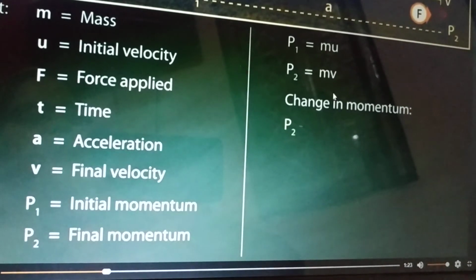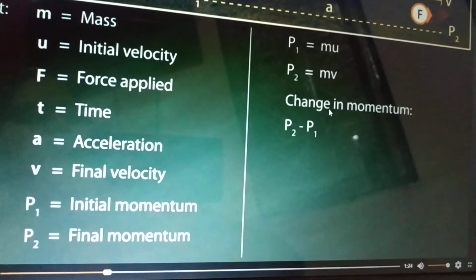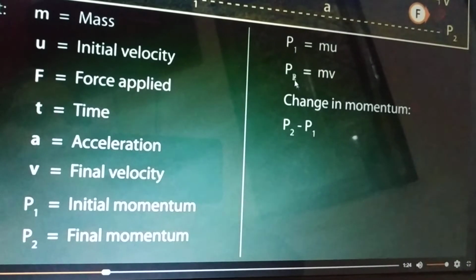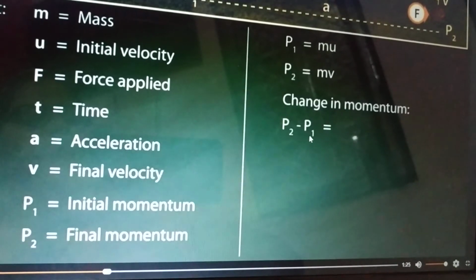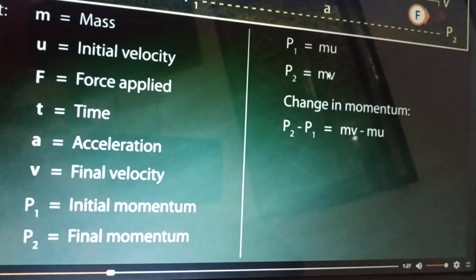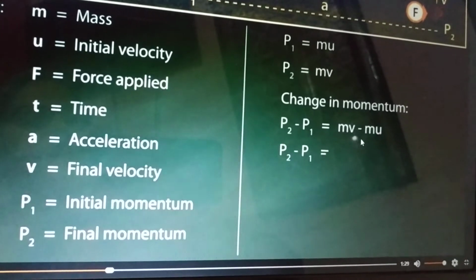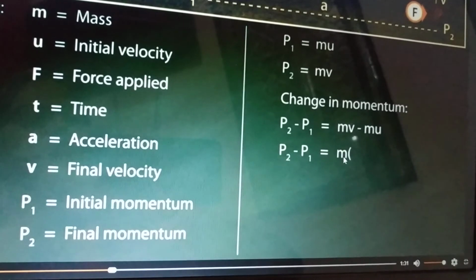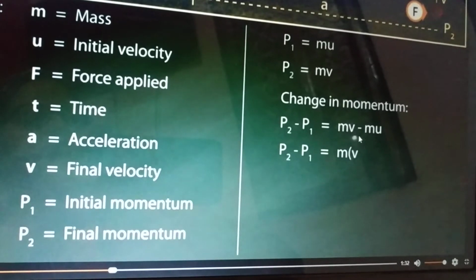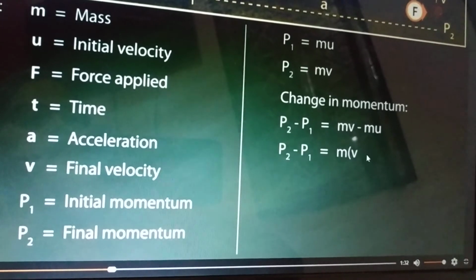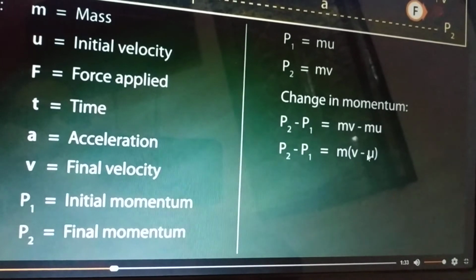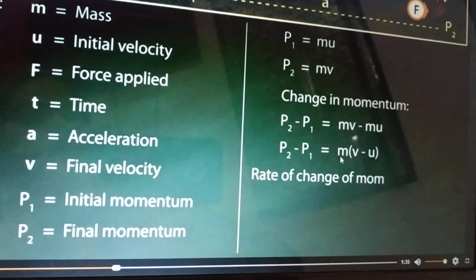So if we have to find the change in momentum, then we can write p2 minus p1, right? So p2 minus p1 is equal to mv minus mu, right? And we take m common from this equation, so p2 minus p1 is equal to m(v minus u). So this is the change in momentum which we get.